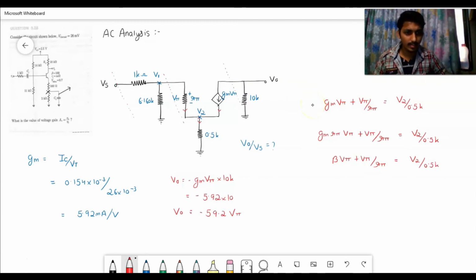So if we solve this, it will be v pi times (1 plus beta) by r pi equals v2 by 0.5 k.